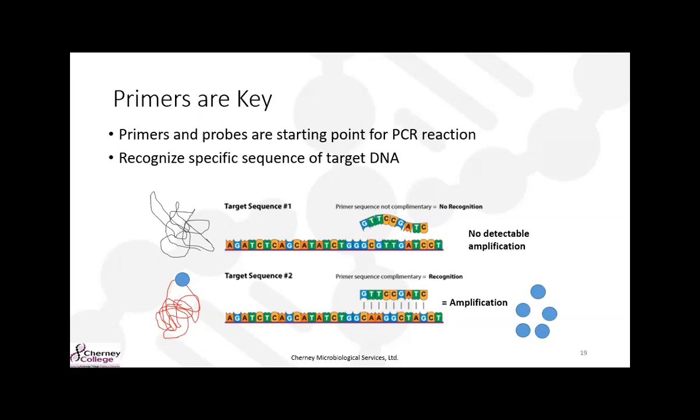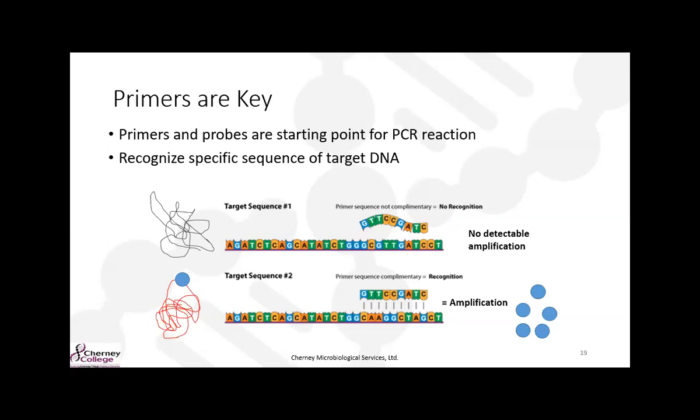So on the top of this target sequence, let's say the primer we're looking for is for salmonella detection. That primer is not going to attach to that piece of DNA because that is not salmonella. So we won't have any primers attached, we won't have that extension or elongation, and we won't have a separate DNA piece created from that. There's no detectable amplification.